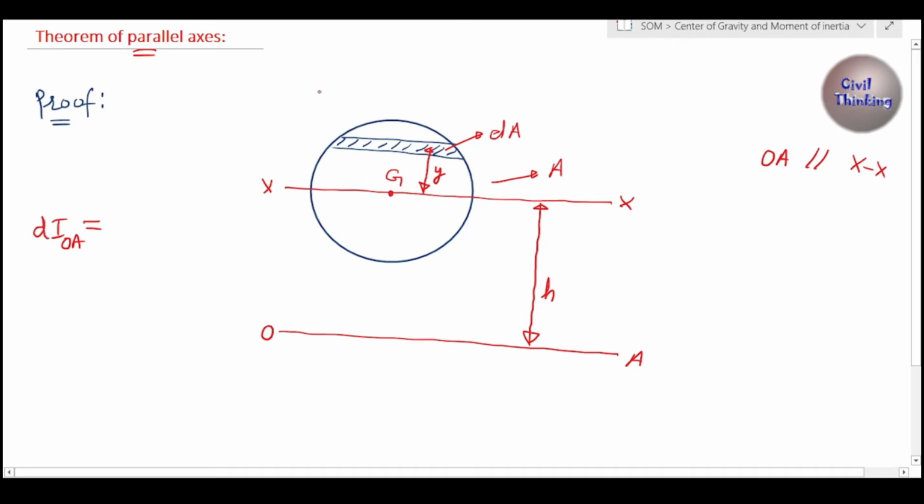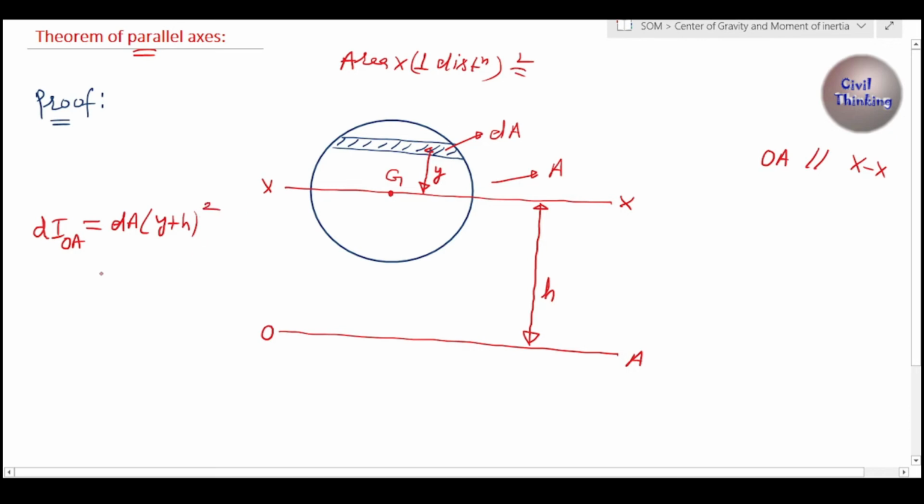We know the moment of inertia is area multiplied by perpendicular distance square. So the area is dA and the perpendicular distance between dA and OA is y plus h, because from here to here is y and here to here is h. So the total distance is y plus h, squared.